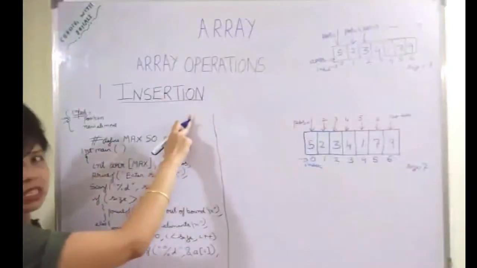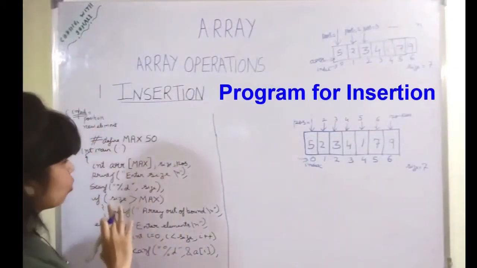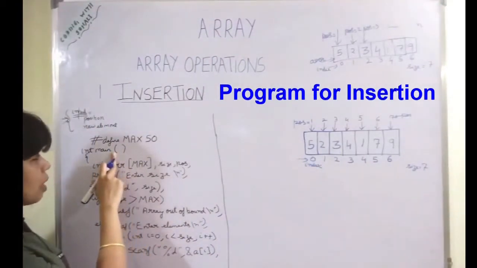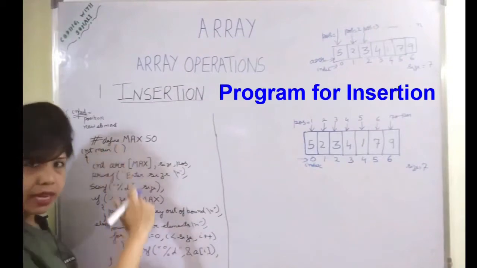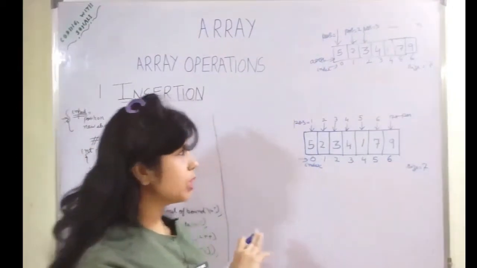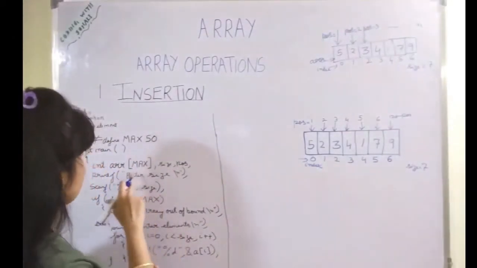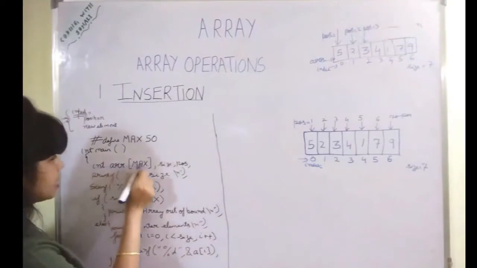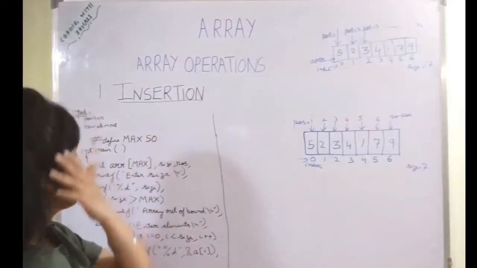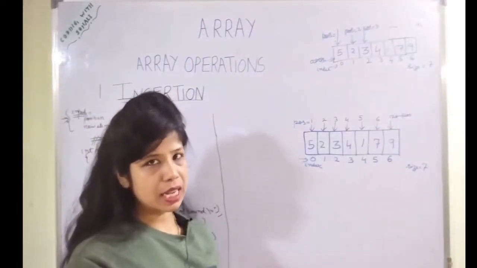First, we will see the insertion operation in the array. This is the snippet of the code. The main function is the entry point to start the execution of your program. The control comes here, and line by line the instructions will be executed. Here we will be doing runtime initialization of the array. In the case of runtime, we simply declare the array and its size, and at runtime we ask the user to enter the elements which we fill in the array.